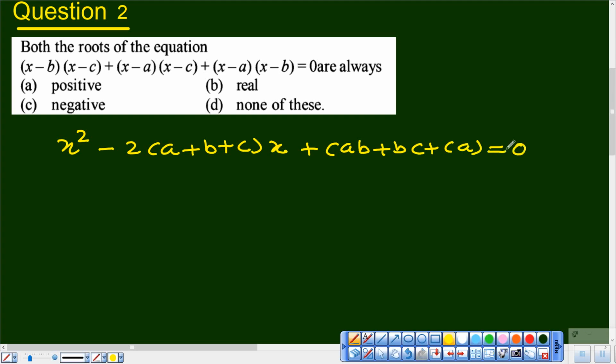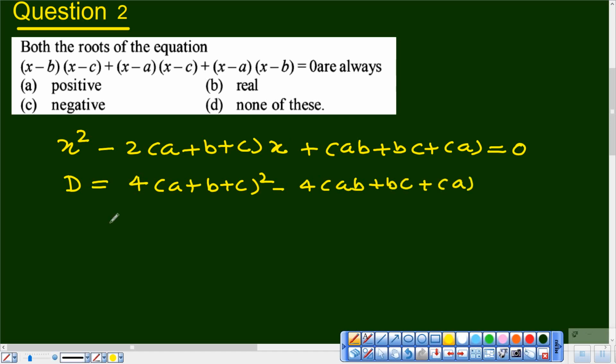To check the nature of the roots, I compute the discriminant d, which is b square minus 4ac. So it is going to be 4 a plus b plus c whole square minus 4 ab plus bc plus ca.